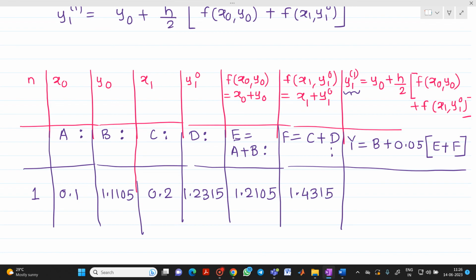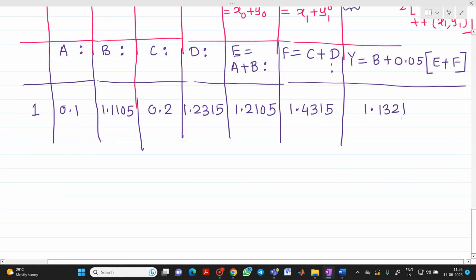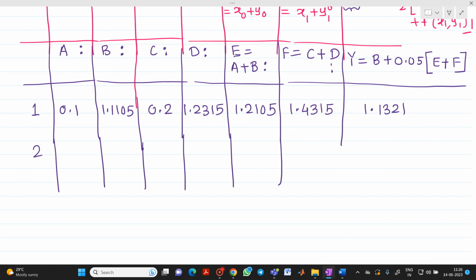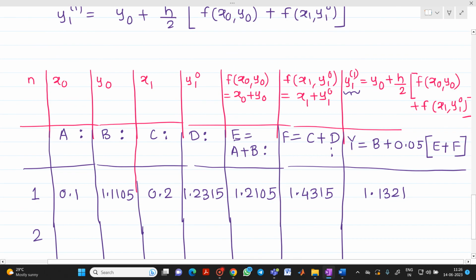And here you will get the answer of y as 1.1321. Now what to do in the next iteration, iteration 2? Whatever answer of y1 of 1 you have, you have to substitute here. y1 of 1 is 1.1321.